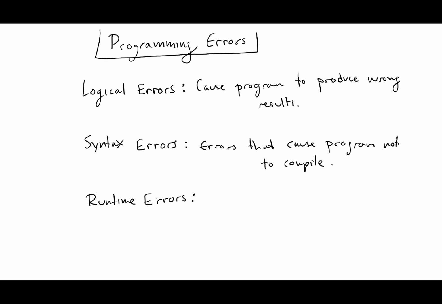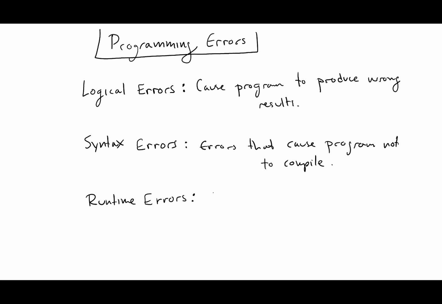It'll tell you what line your error's on, and then you just go find that error, fix it, and recompile your program. So these could be from things like not having a semicolon or some other punctuation. But syntax errors, if you have a syntax error, your program won't compile.